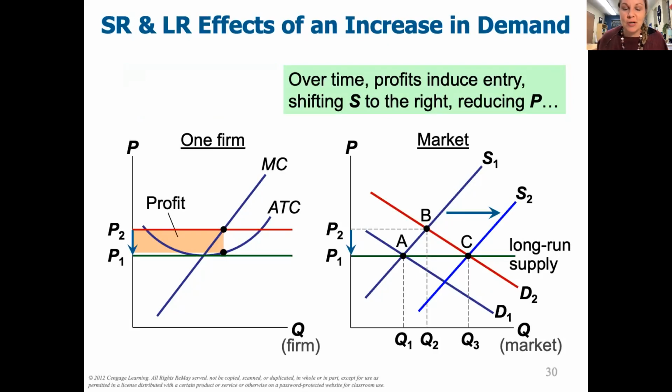So what this is showing you is that there's a series of steps, but at the end, they always end up back at that zero profit condition. If people start to make positive profits, new firms will enter, driving prices down. If people are making losses, firms will exit, driving prices up. But over time, we always tend towards this zero economic profit condition.